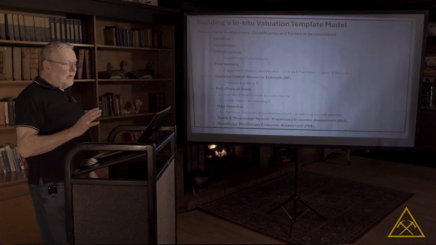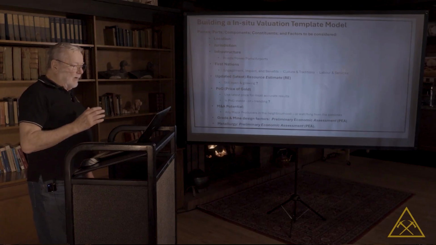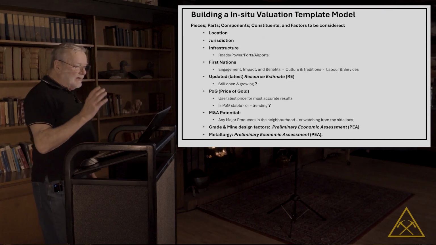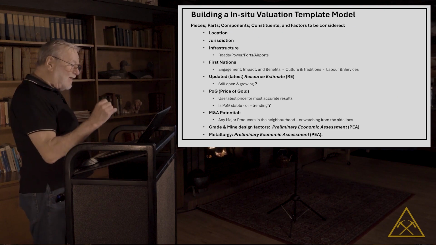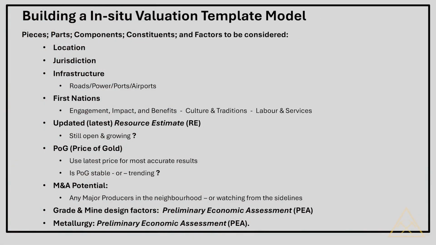Building an in situ valuation template model. Here are the things you need to consider. The pieces, components, and factors that are necessary are the location, the jurisdiction, and the infrastructure, such as power, roads, ports, airports, and First Nations.